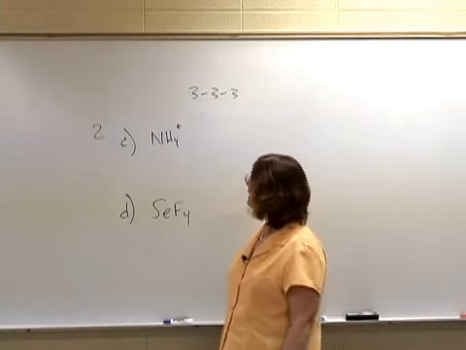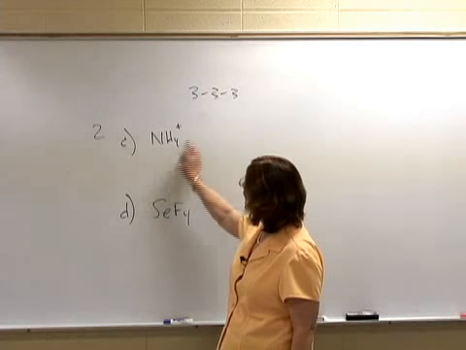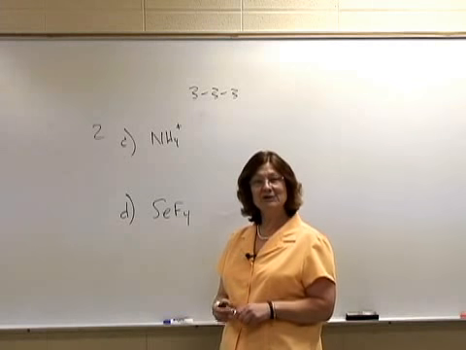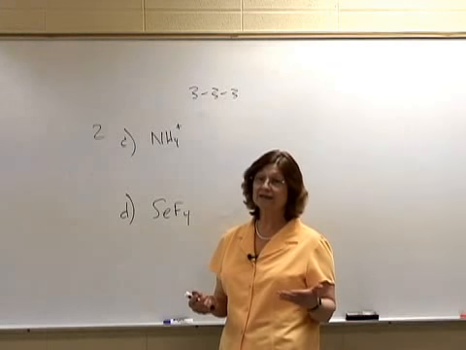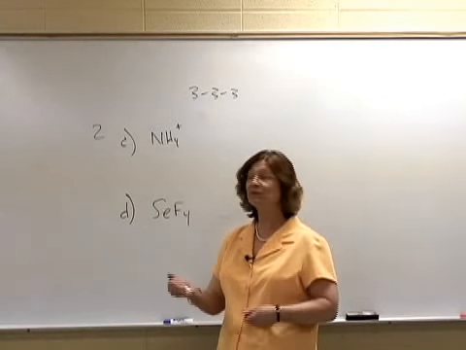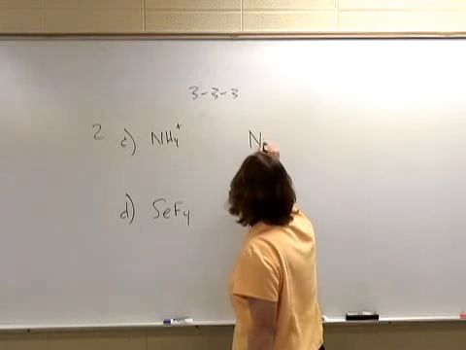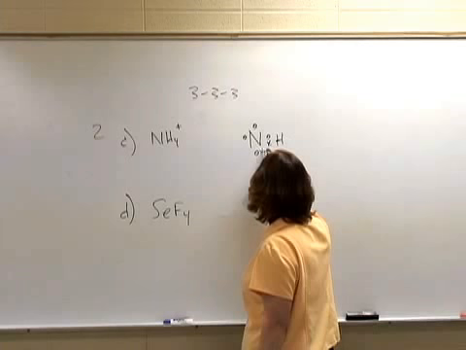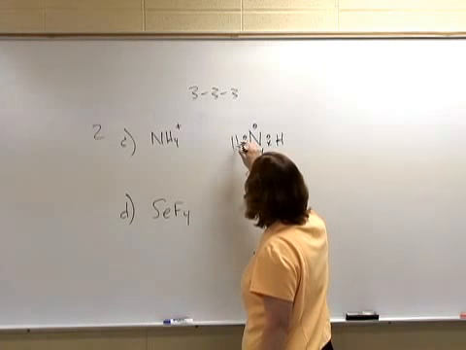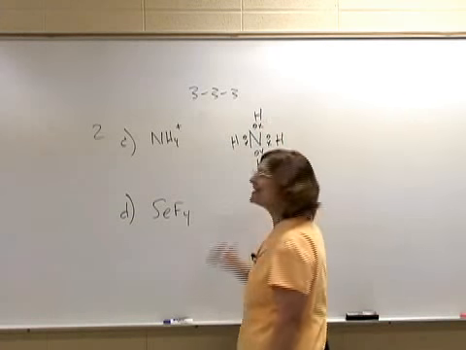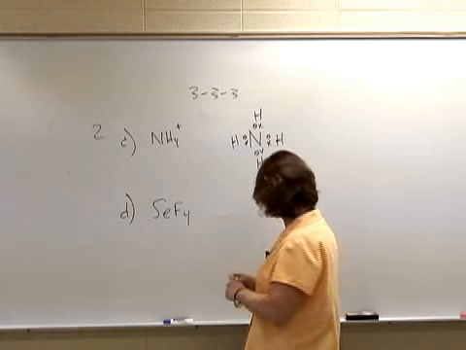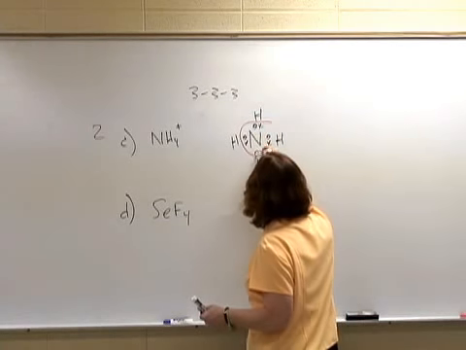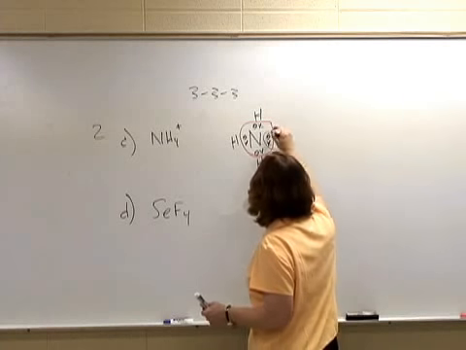Now, the next one has a positive 1 charge, which means that we lost an electron. Therefore, nitrogen normally has 5 electrons, and now we've lost 1, so we only have 4. Nitrogen has 4 electrons, and hydrogen has 1. And that works out very nicely. And we get a tetrahedron. Circle my octets, and remember that hydrogen is happy with 2.